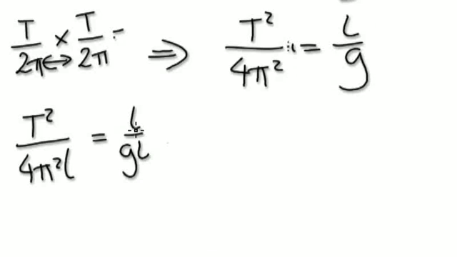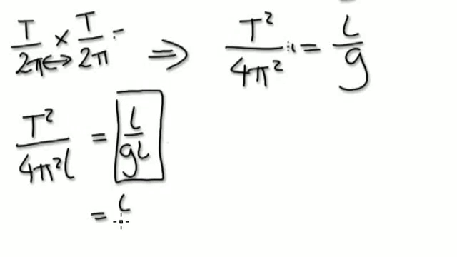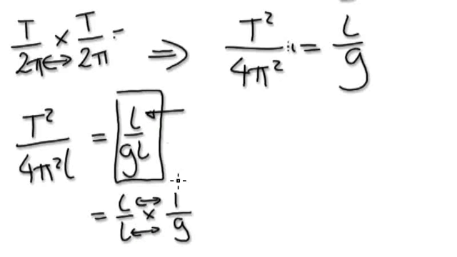Now if you split this up, let's just look at this bit here only. If you split this up, L over L, and then times, now it has to be 1 over G. Because if you get top times top, you would get L up here. Bottom times bottom, you would get GL or LG.